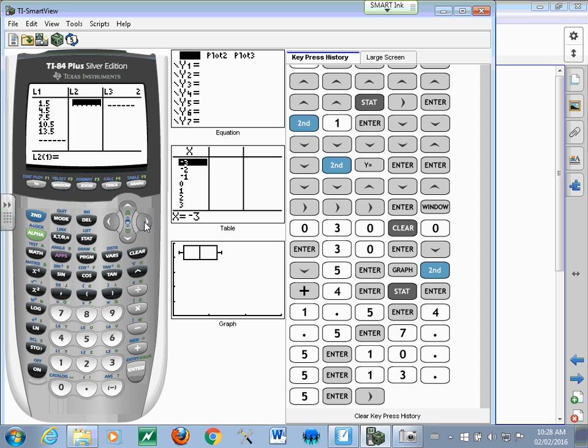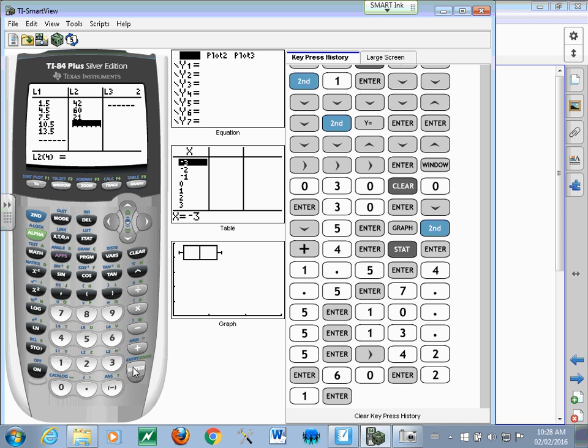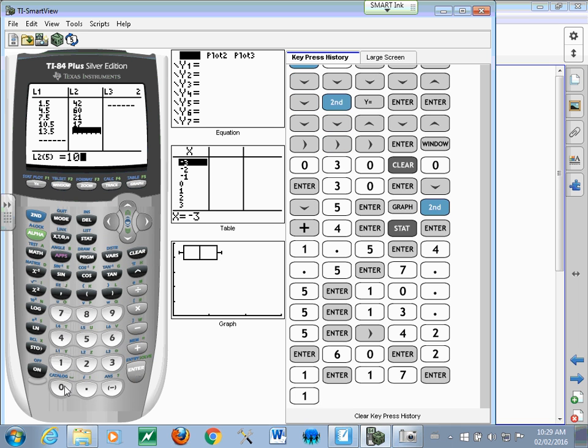So we're going to go 42, enter, 60, enter, 21, enter, 17, enter, and 10. Again, I'm going to take time to make sure I've got my data all correct. Otherwise, there's no point in doing it. It's so simple to have a mark off.